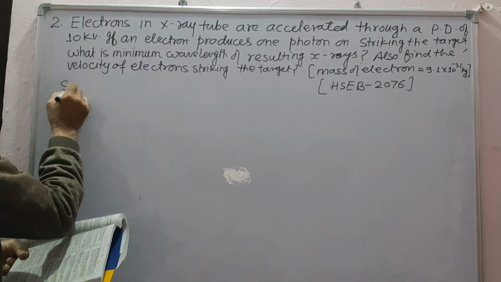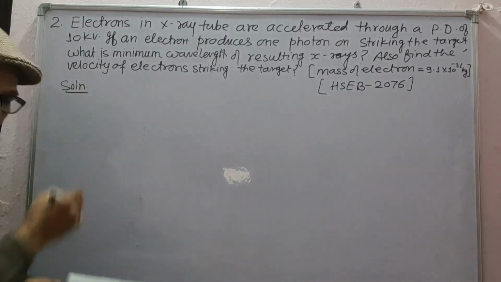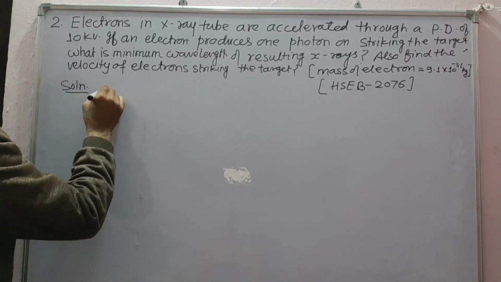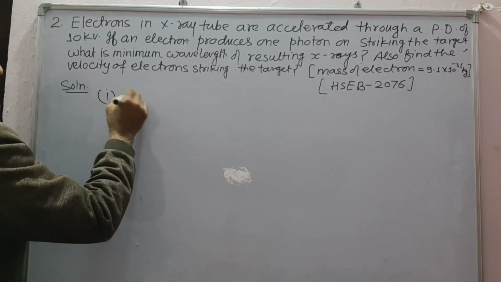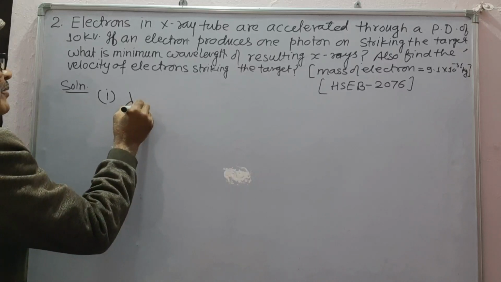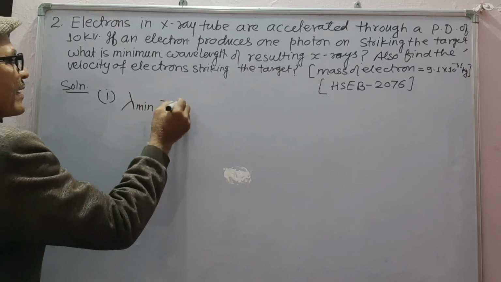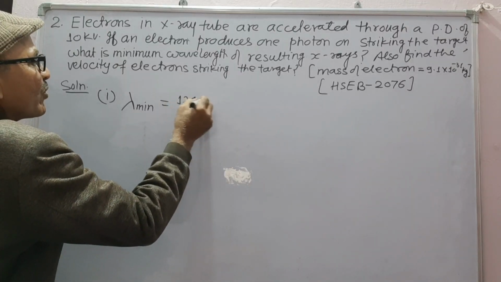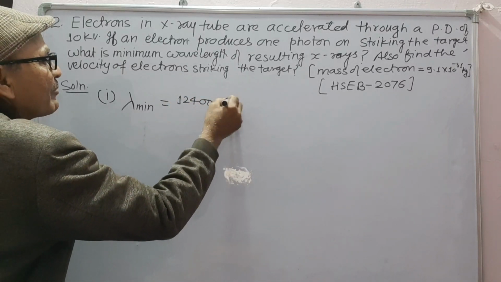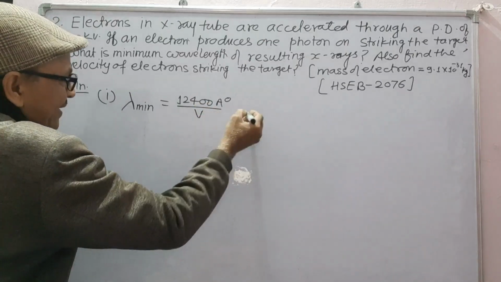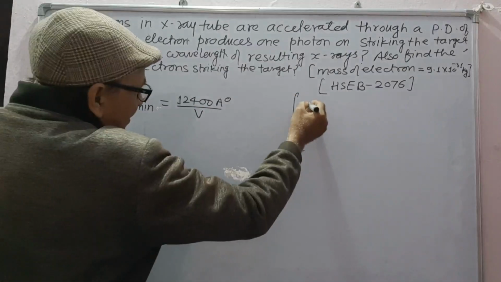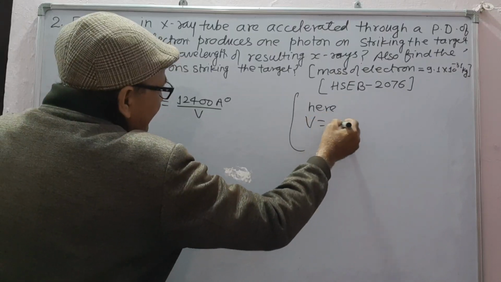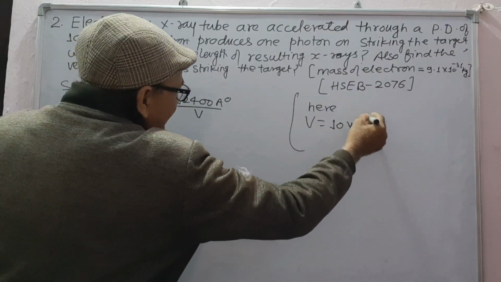Now solution. First, we know that cutoff wavelength lambda minimum is given by 12,400 angstrom divided by V. Here V is 10 kilovolt, means 10,000 volt.